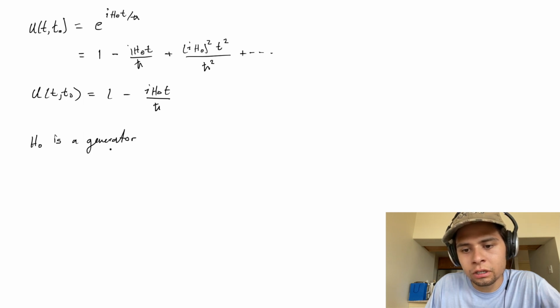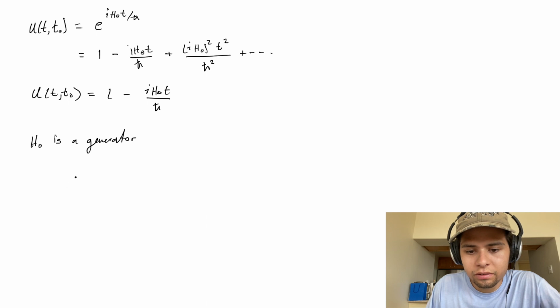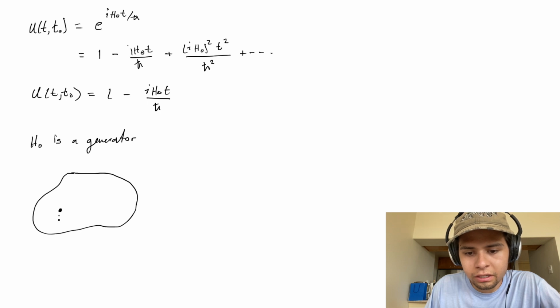And the reason it's called a generator, again, is we have this manifold in time, and we're going from t0 to t1, for example.